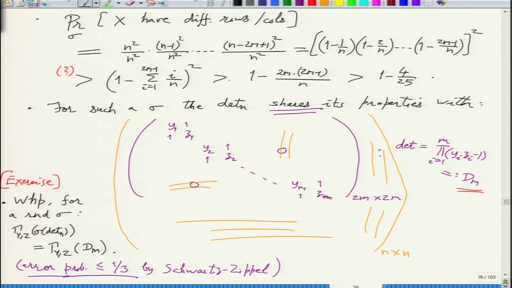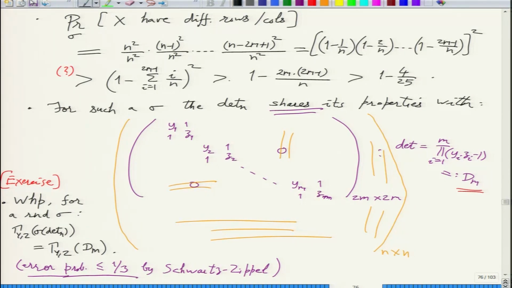Yeah, so whatever I have said, this will happen by the random fixing with probability at least 2/3. So with at least 2/3 probability, we can reduce the study of gamma of sigma of determinant to gamma of dm. And then gamma of dm is something that we can calculate. So what is gamma of dm? It is like the yi plus zi calculation that we did.